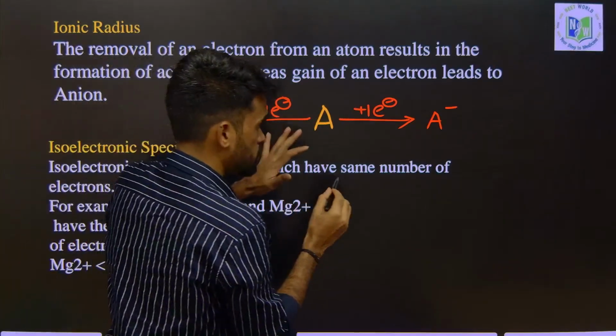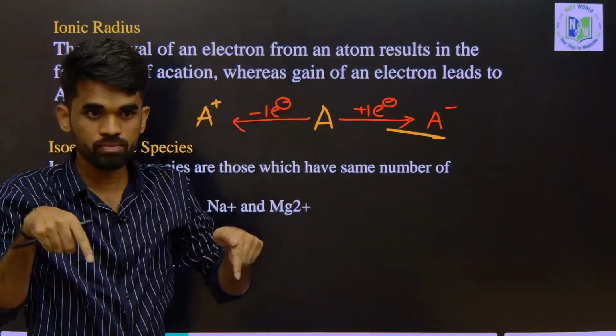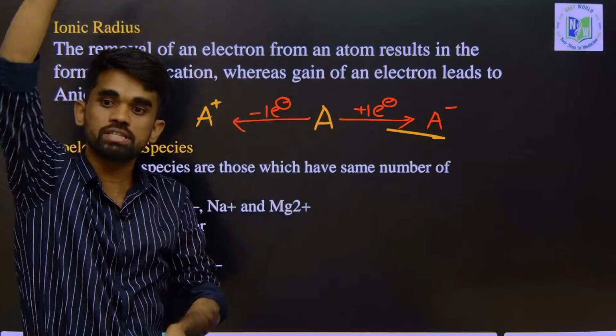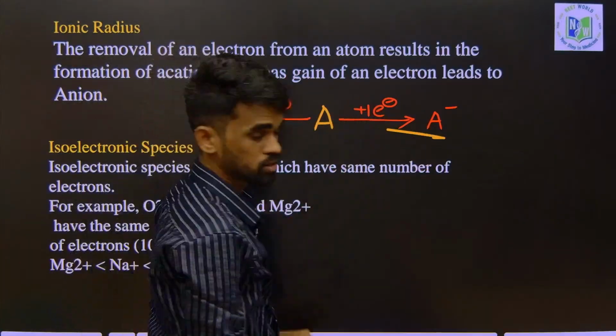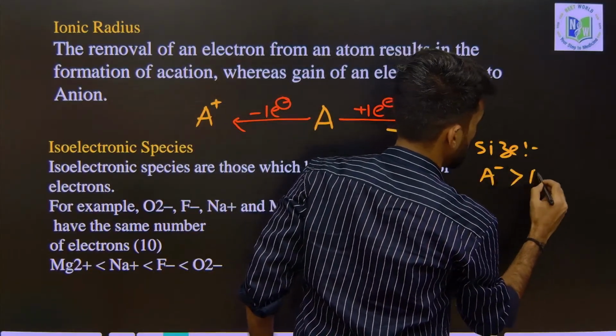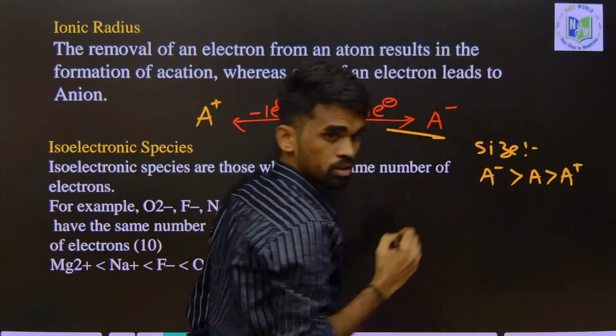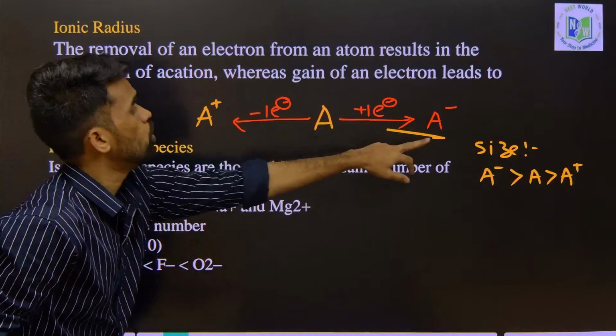If you observe this, the more the electrons, the more the electron cloud. More electron cloud means more distance from the nucleus to that electron cloud. So which is having maximum size? A minus, then A, then A plus. Okay, this is clear now? These are the two ions.